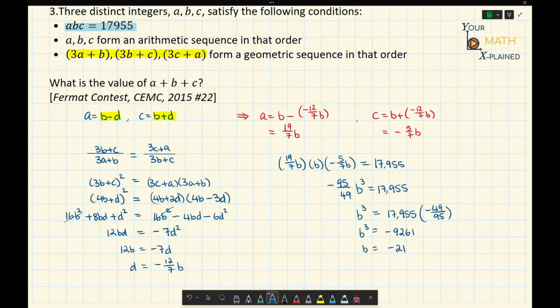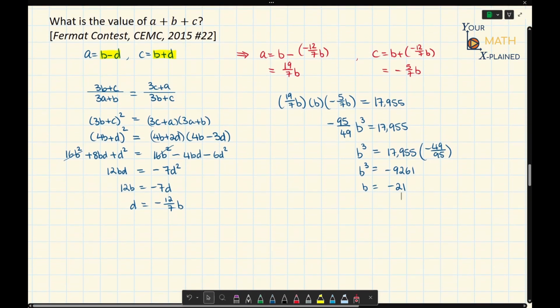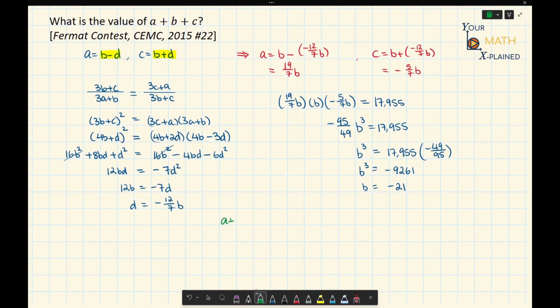So now that we have the b value, we can go back and find our a and our c so that we can calculate the value of a plus b plus c. So the last step here is going to be a plus b plus c is equal to 19 over 7 times negative 21 plus negative 21 plus negative 5 over 7 times negative 21.